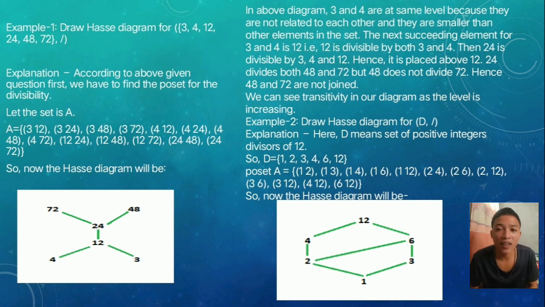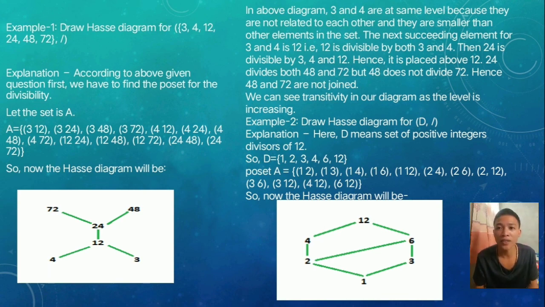In the above diagram, 3 and 4 are at the same level because they are not related to each other, and they are smaller than the other elements in the set. The next succeeding element for 3 and 4 is 12. 12 is divisible by both 3 and 4.